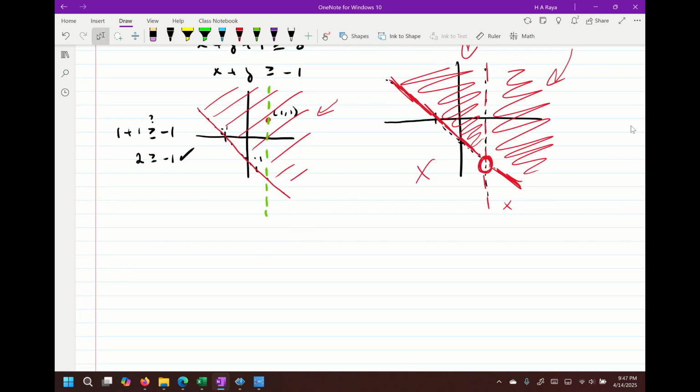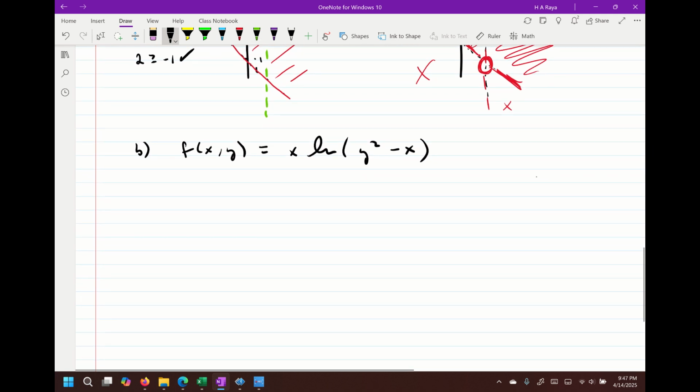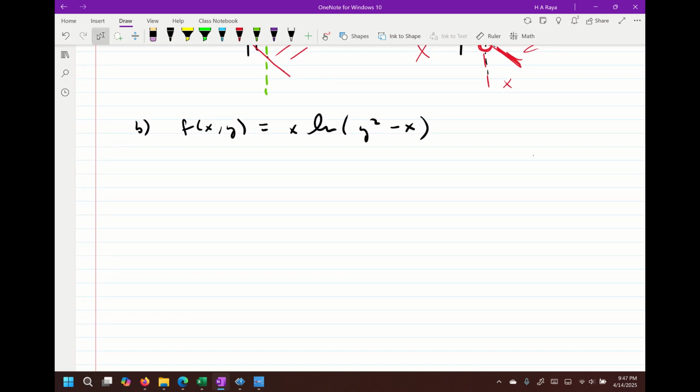Another structure that has some limitations in the domain is the natural log structure, and part B gives us that structure to look into. When considering what x's and y's you can plug into this function, because you're working with a natural log, it might be a good idea to consider what the graph of the regular old natural log looks like.